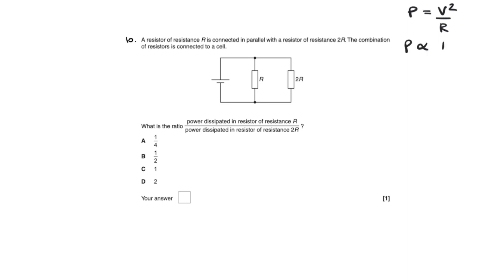So therefore, power is inversely proportional to R. So the power dissipated in resistor R is just 1 over R, and the power dissipated in resistor of resistance 2R is just going to be 1 over 2R, and therefore that gives me an answer of 2 to 1 or just 2. So D is the answer.